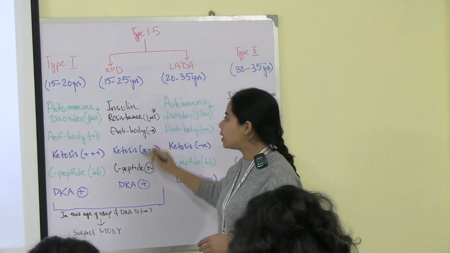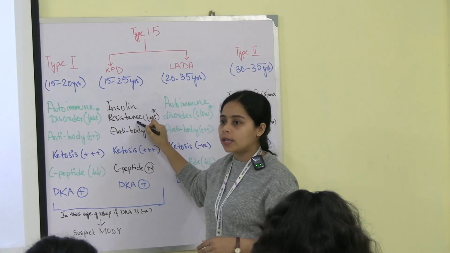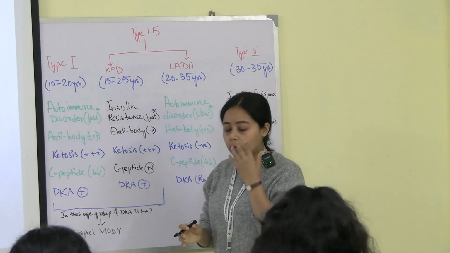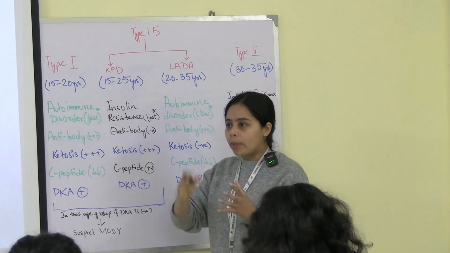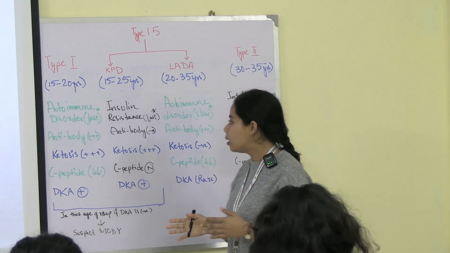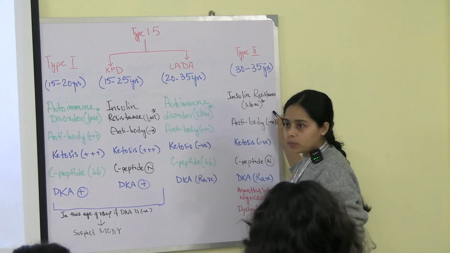KPD is also an insulin resistant diabetes. Again the same thing: the pancreas is producing insulin, but the body is not able to use the full amount. So antibody will be negative here, just the way it was in type 2.